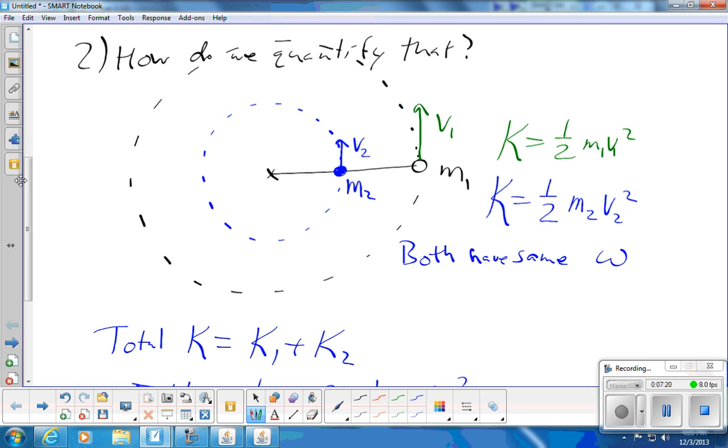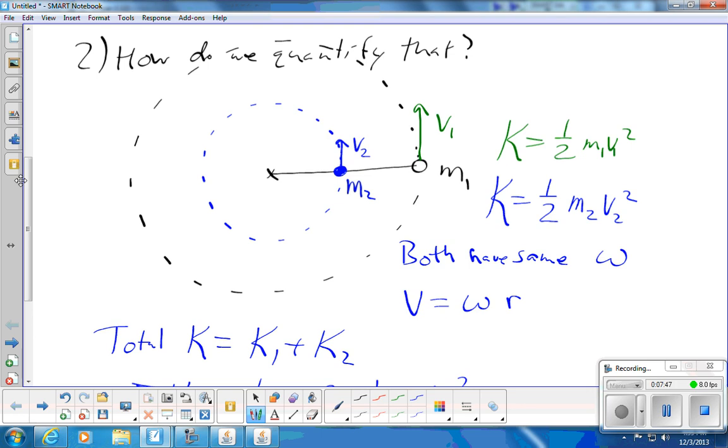And so I'm going to do a little bit of substitution. We learned yesterday the relationship between V and omega. That relationship is that V equals omega times r. Now I'm using little r. Well, little r stands for however far a particular point is from an axis of rotation. And these two objects each have their own distance from the center.